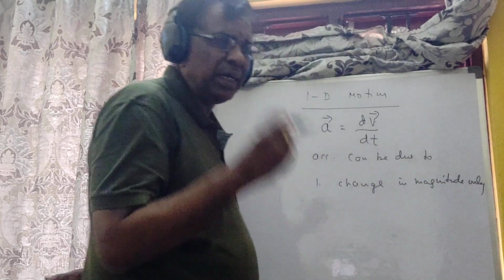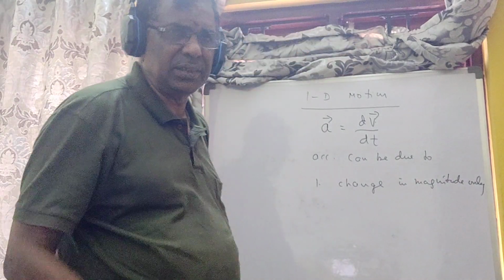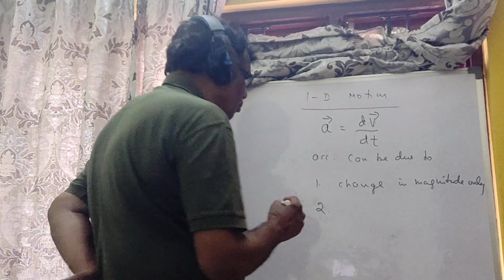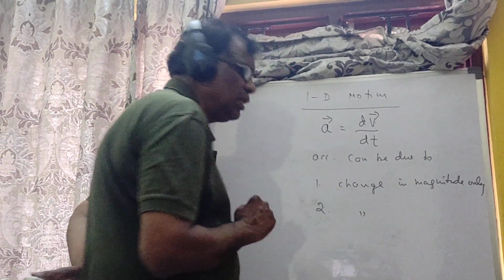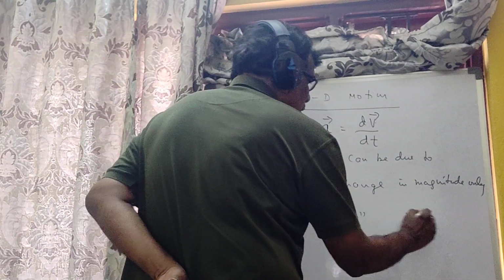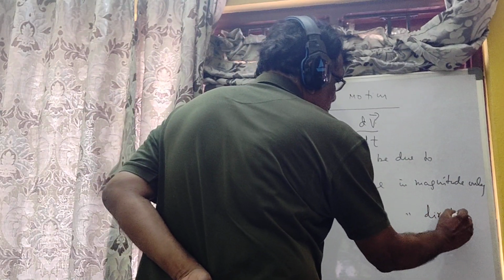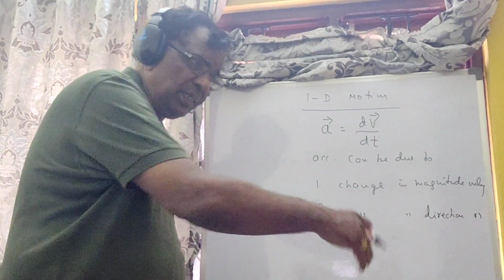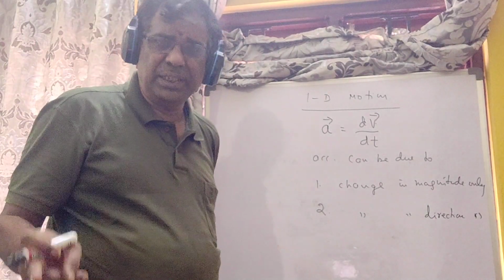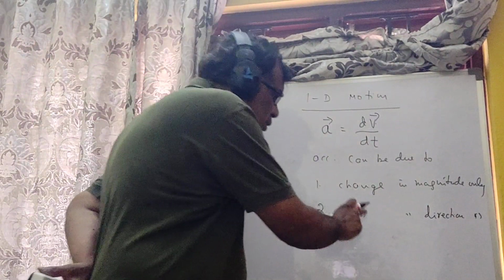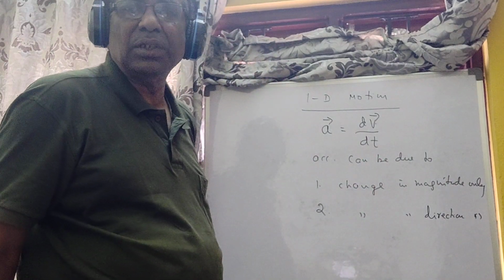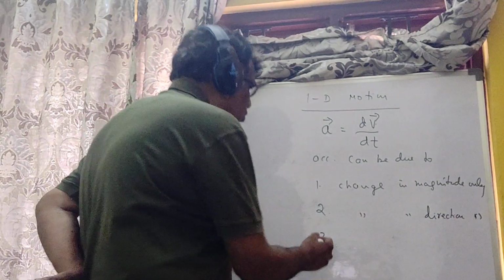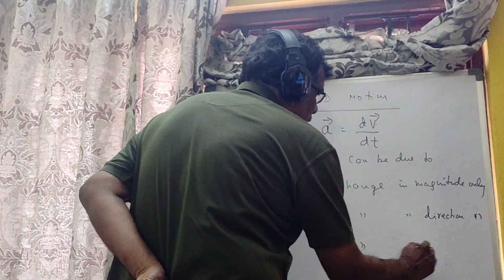That means the magnitude of velocity alone changes, then acceleration results. Two, acceleration is due to change in direction only. Then also, magnitude of velocity is constant, but the direction keeps on changing. Then also we say acceleration is present. Now finally, three, change in both.